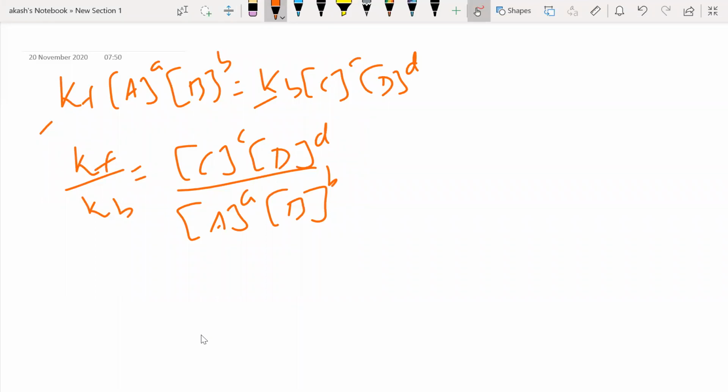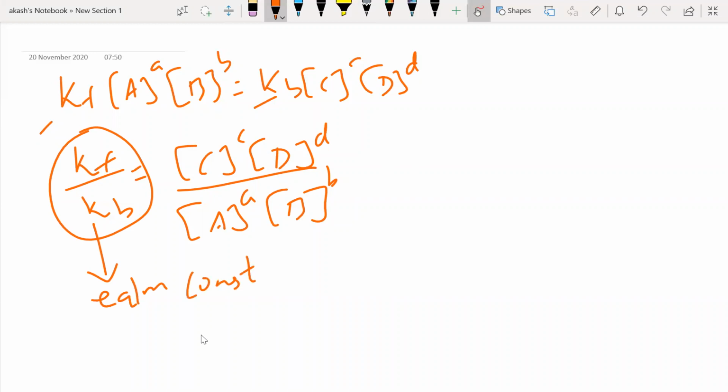Very simple, right? So this Kf by Kb is one of the most important chemical terms. That is what is going to be called the equilibrium constant, right? And this equilibrium constant is nothing but capital K.